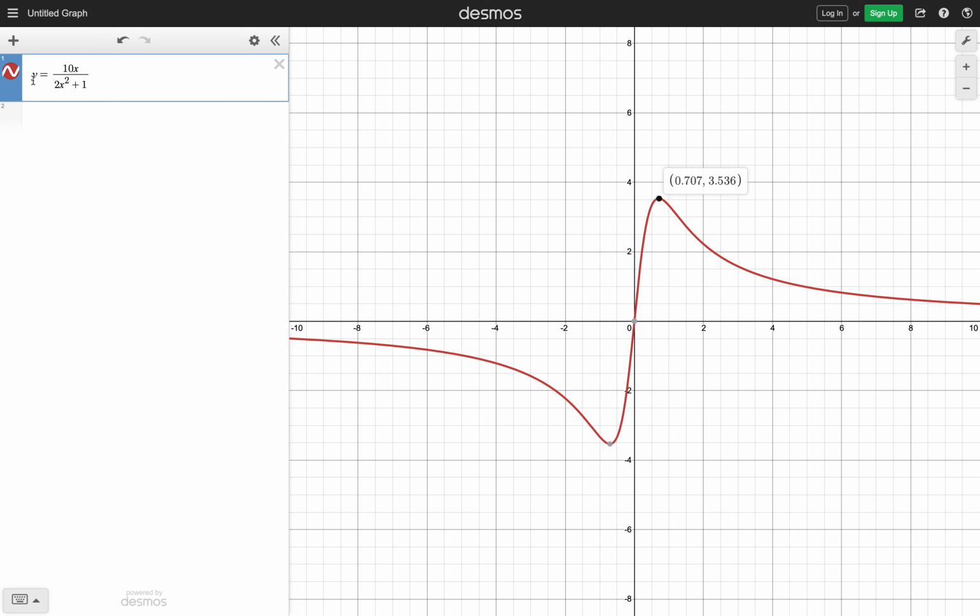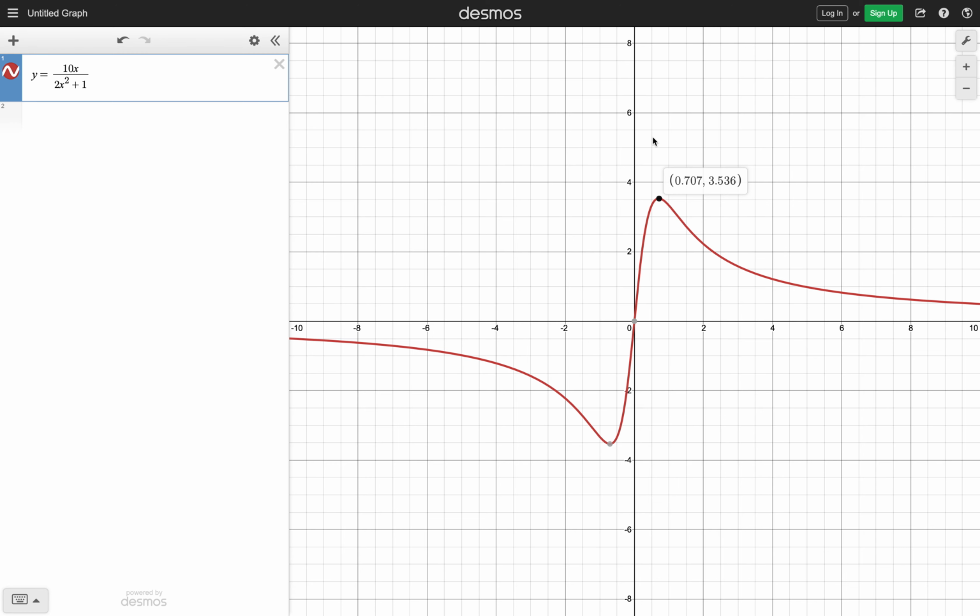So you're looking at the xy coordinate system of the equivalent of c is equal to 10t all over 2t squared plus 1. In terms of the maximum point, if you notice in the graph, the maximum point is at this location, which we have at 0.707 and 3.536. And the 3.536 is your y value, which is in reference to the concentration.